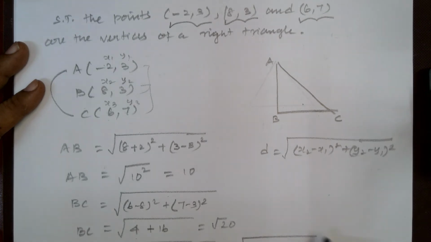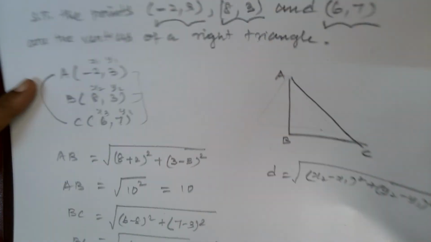So that is equal to 6 plus 2, 8 squared, 64, plus 7 minus 3, 4. 4 squared means how much? 16. Now you can add these two. 64 plus 16 is 80. So this should be square root of 80. Is it not? Square root of 80.